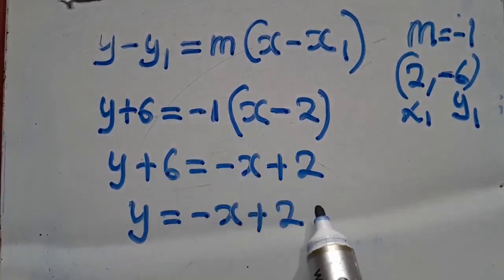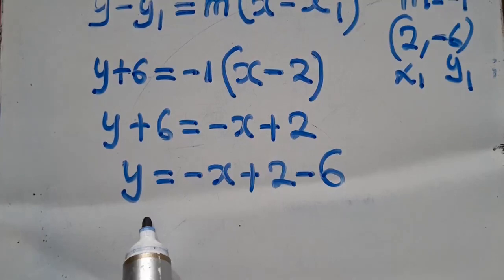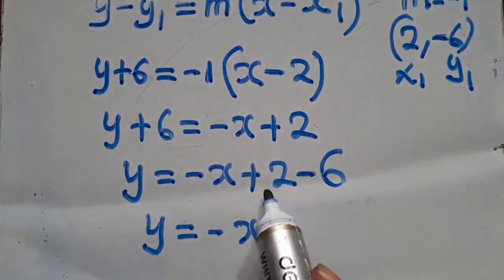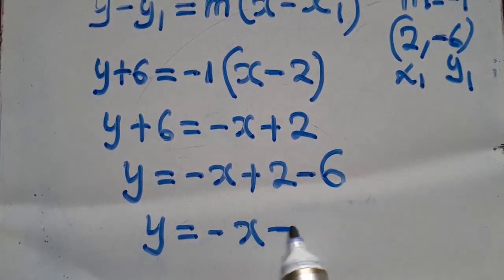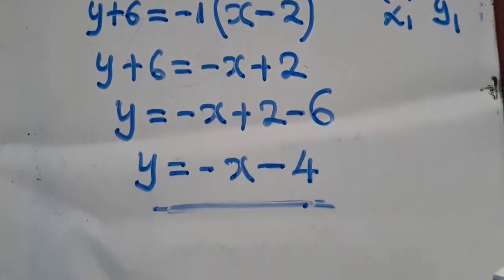When the 6 comes to this side, it becomes -6. Then your final answer is y is equal to -x minus 4, since 2 minus 6 is -4. This is the equation of the normal. This is how we answer such a question, and these are the procedures you need to follow for such questions.